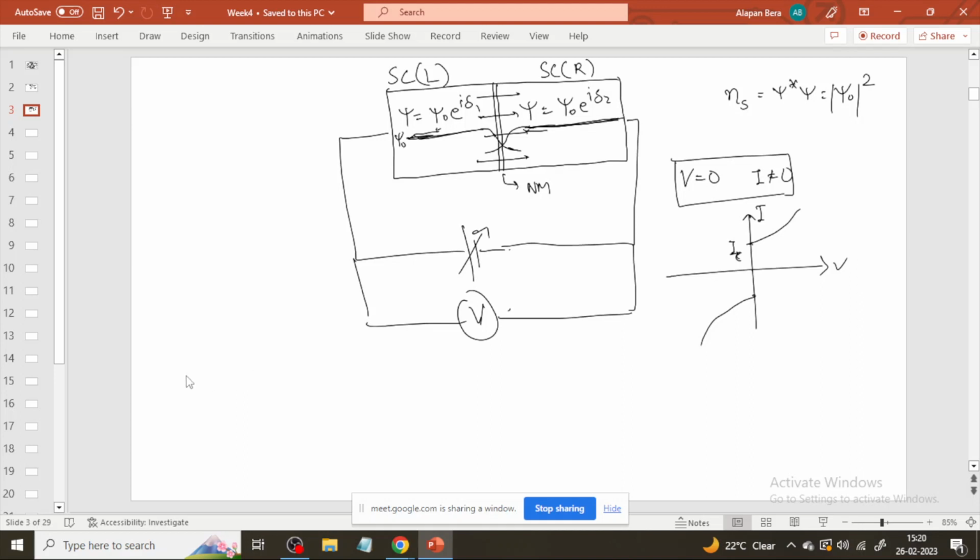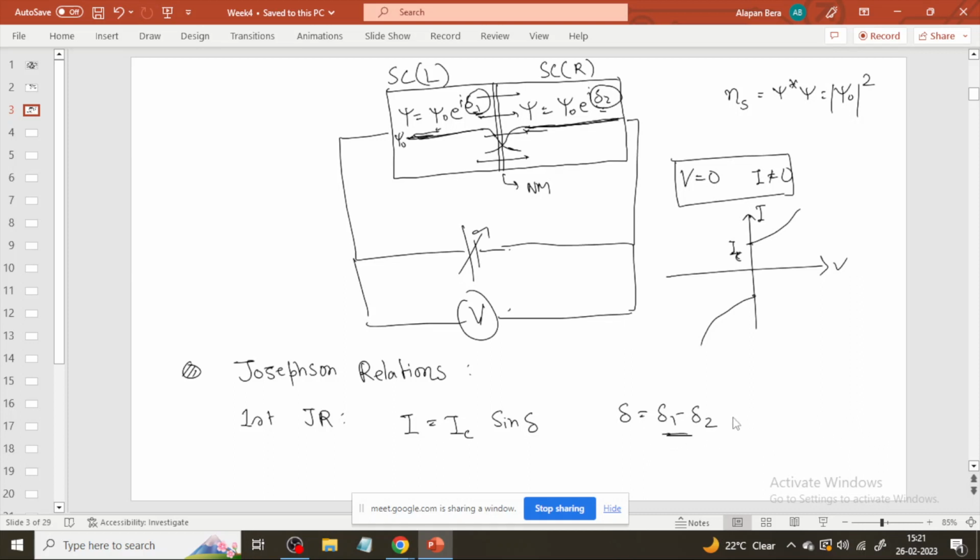Now you may have known by now the Josephson relations. There are two well-known Josephson relations, and they appear when we study the Josephson junction. The first Josephson relation is that the current flowing through the circuit is IC times sine of delta, where delta is equal to delta 1 minus delta 2. That means the phase of electrons in this region minus the phase of electrons in this region.